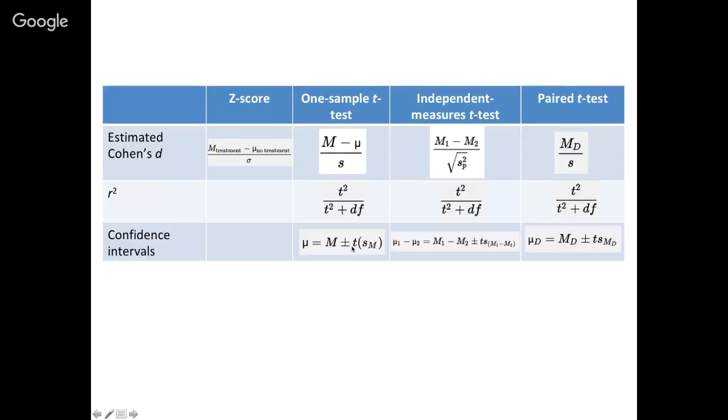And the t is determined by the level, the percentage of confidence. sM is the standard error of the mean. This is the error term, right? Always the center plus or minus the boundary times the error term.